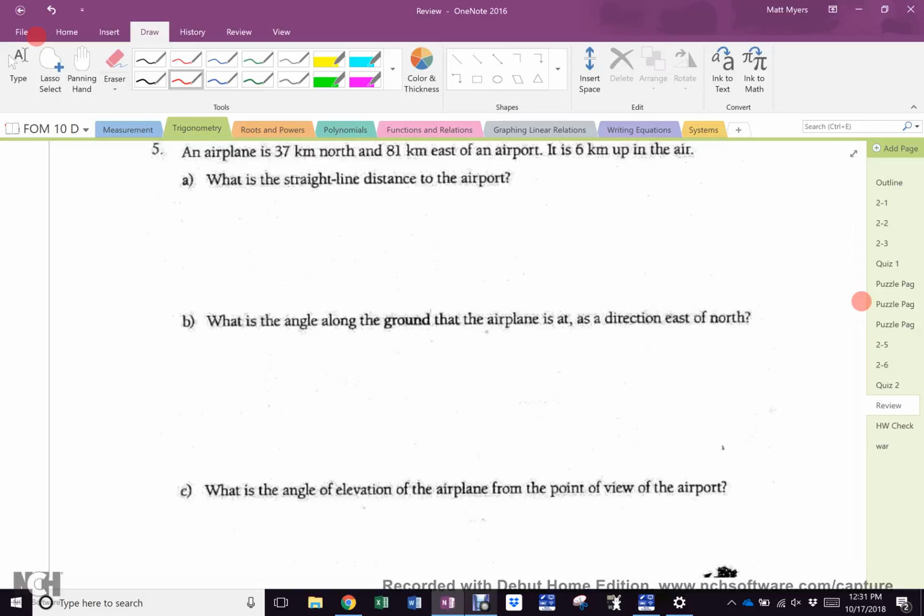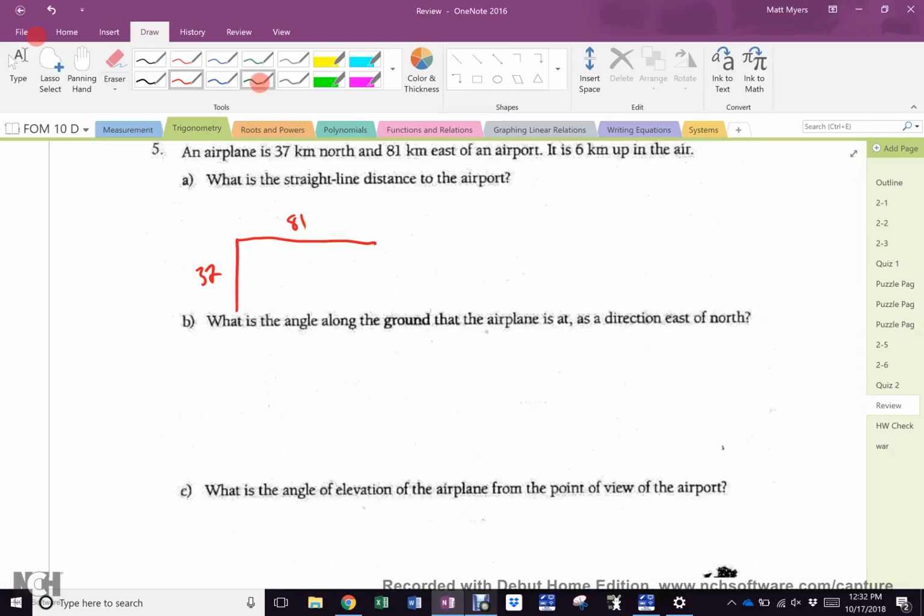To find distances with trig, you need triangles, yes? This plane exists up in the sky, but you do not know where it is up in the sky. If the plane was on the ground, you would know that it was 37 kilometers north and 81 kilometers east.